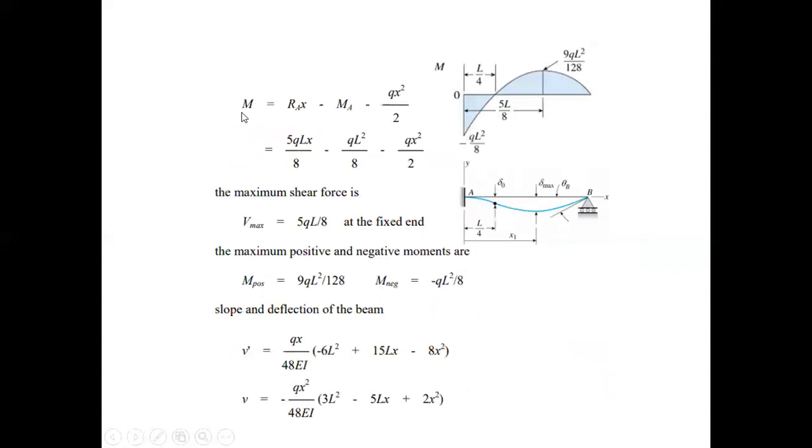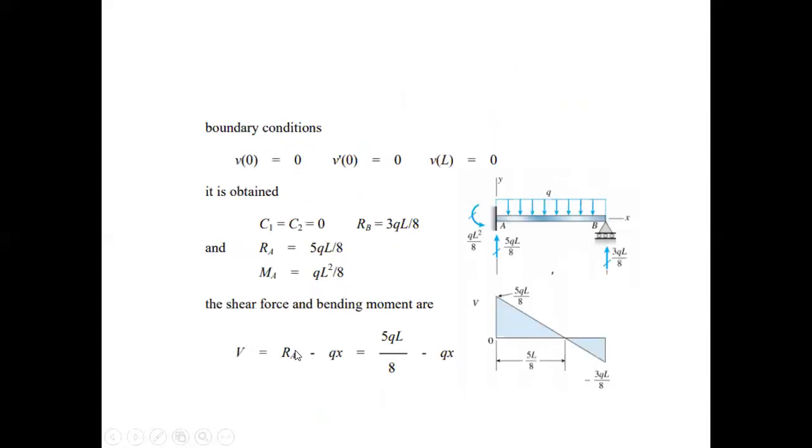Similarly, moment will be RAX minus MA minus QX square by 2. We'll put the values of RA and MA into this equation, and this will be our equation for the final moment and final shear force.